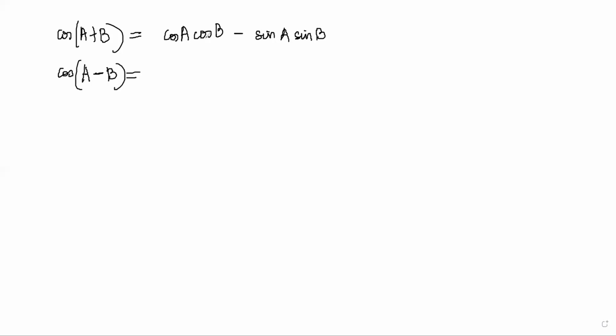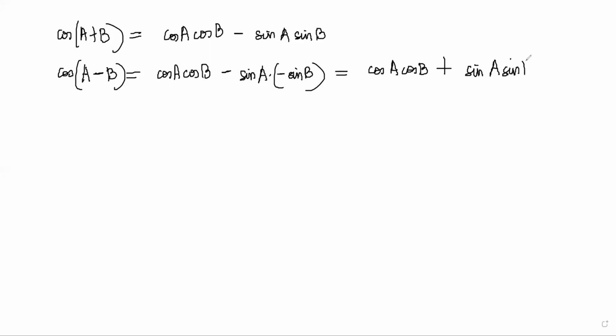Cos of minus B is cos B, and sine of minus B is minus sine B. So this becomes cos A cos B plus sine A sine B, the new formula for cos of A minus B. These are important and will help you derive many results.